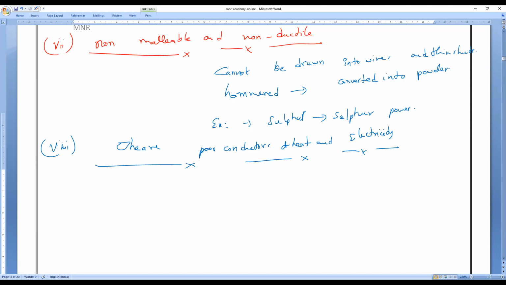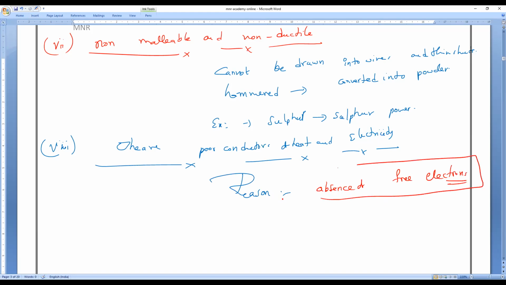So they do not conduct heat and electricity. Why? What is the reason? For metals I taught you the reason. Now for non-metals, you tell me. Because of the absence of free electrons.